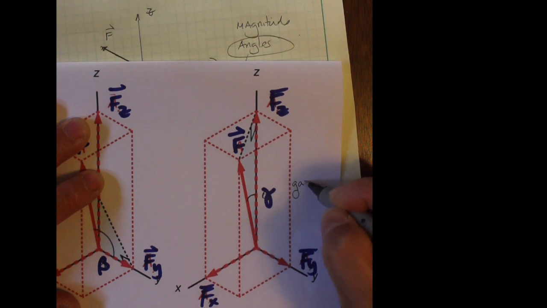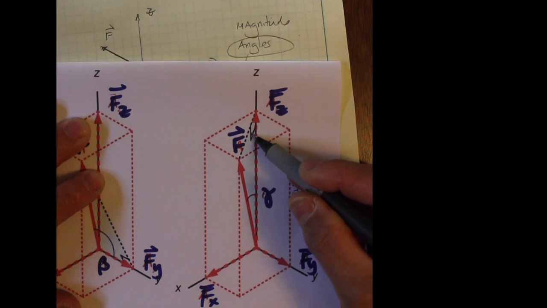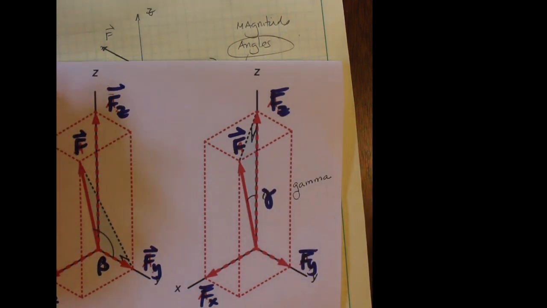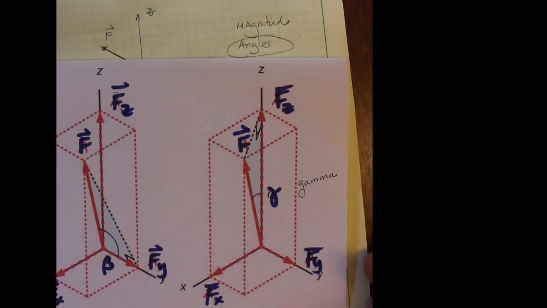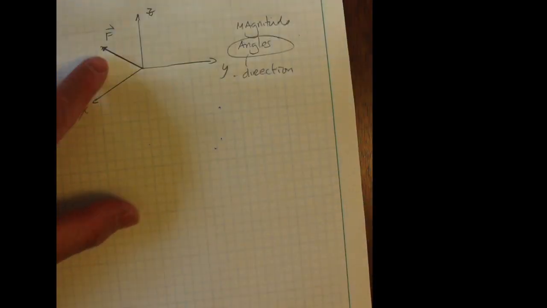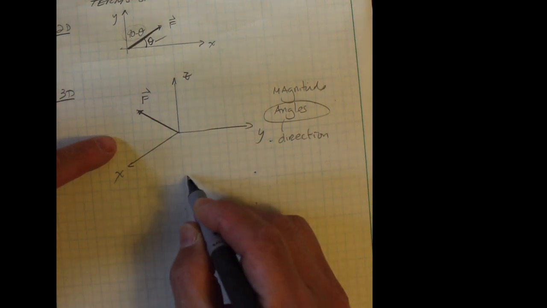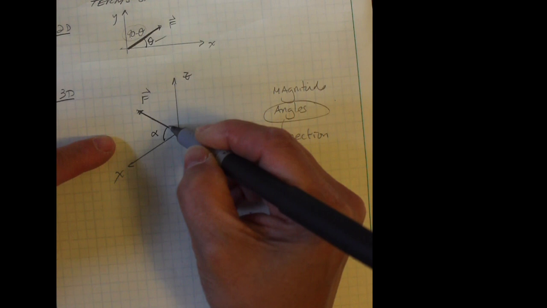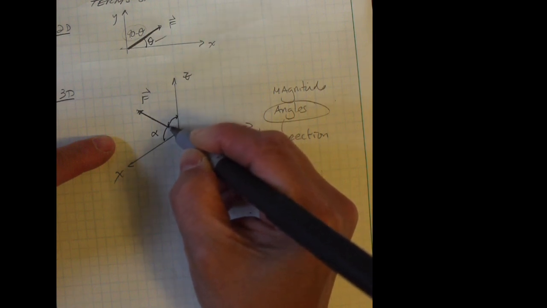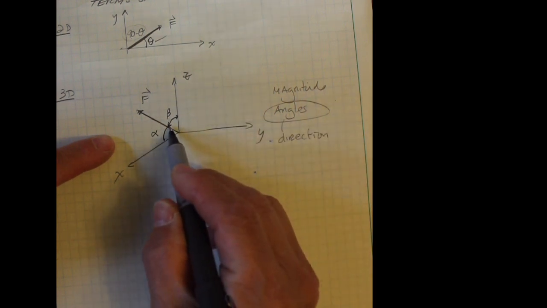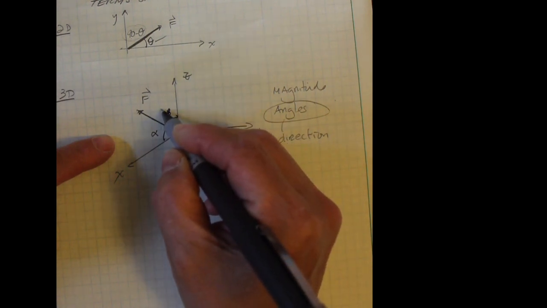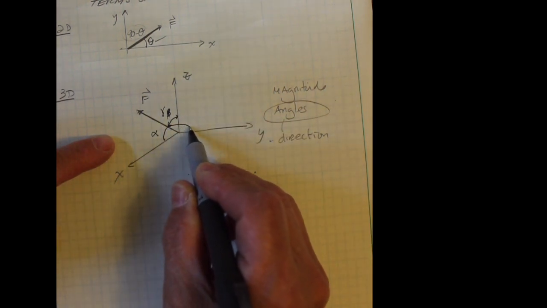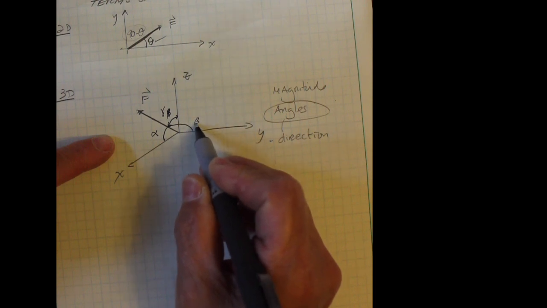That's called gamma, and again it's 90 degrees here. So to describe a force in 3D space, we need to specify the angles alpha, beta, and gamma.